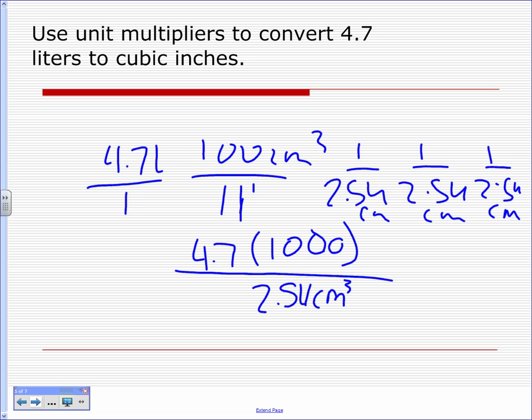Would you multiply 2.54 3 times? Yeah, the way that you have it written, I would mark it wrong. You want to cube it?